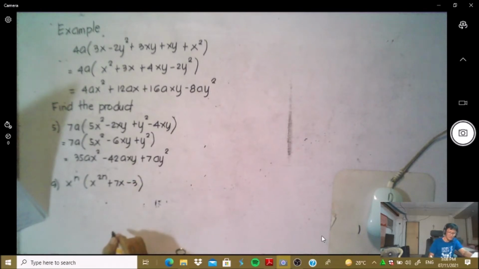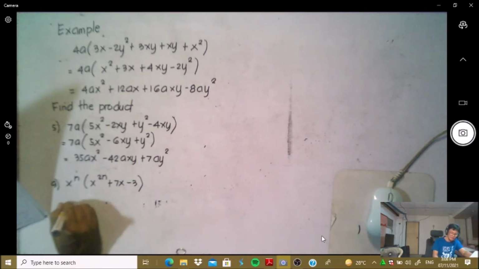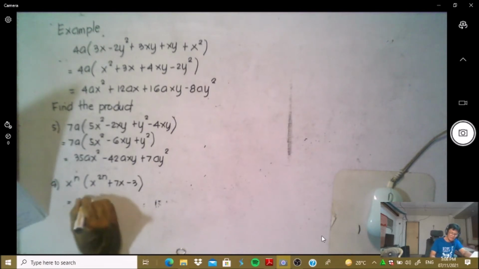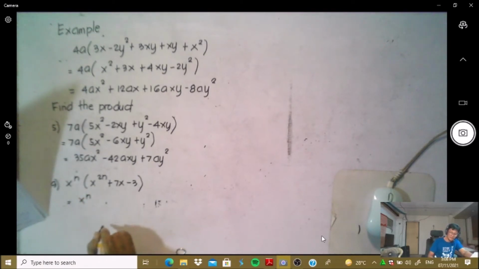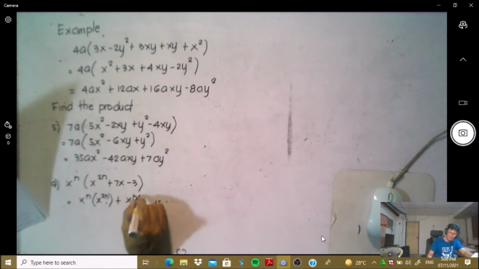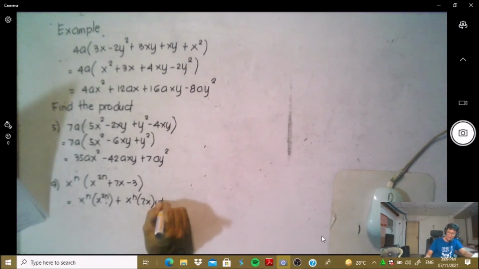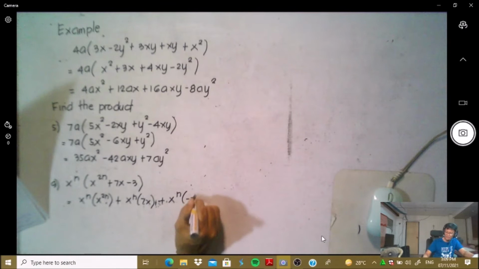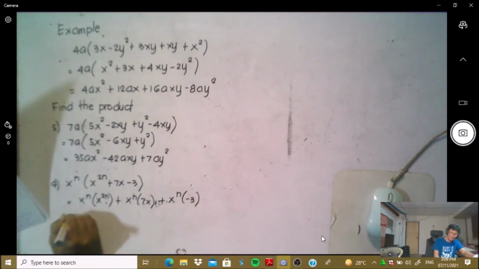Okay, so now we can directly multiply. So we have x^n multiplied by x^2n, plus x^n multiplied by 7x, then plus x^n multiplied by negative 3.